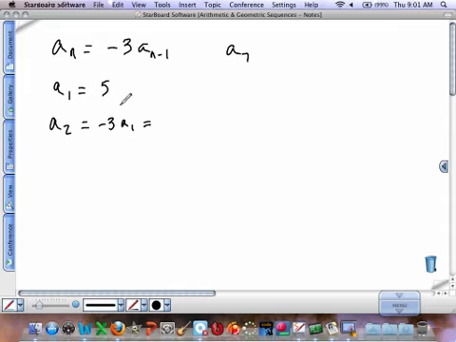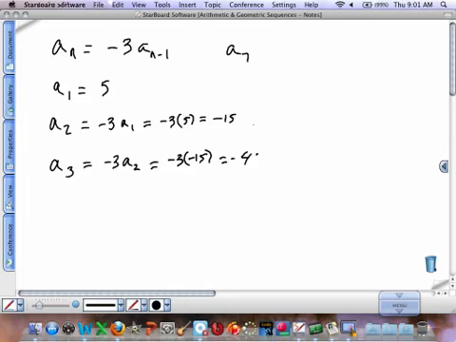So what was a sub 1? It's 5. Negative 3 times 5, negative 15. When I go down to a sub 3, it's going to be negative 3 times a sub 2, which is then negative 3 times negative 15, which then gives me positive 45. So that kind of makes sense how we're using the formula there and listing it out.